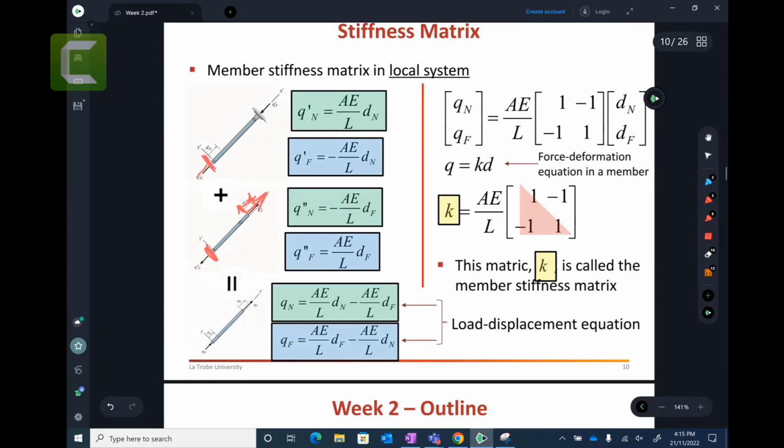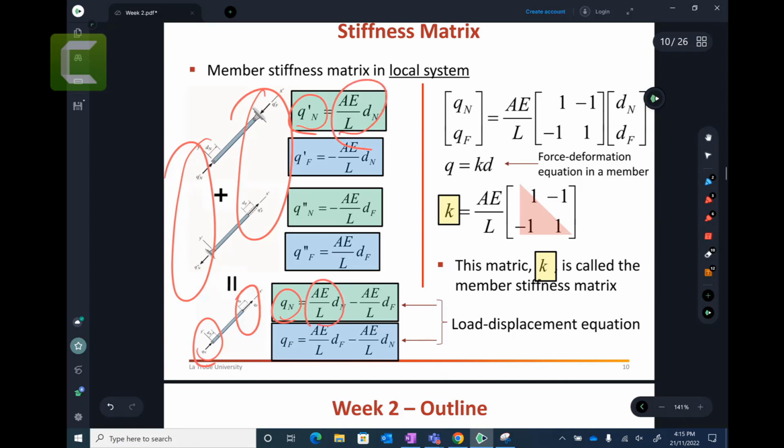And if I superpose these ones, I will get this. So similarly, I can superpose the force at the near node, AE dn over L minus this, and QF, I can add them together, superpose. And then if you know the two equations, I can write it in matrix form.